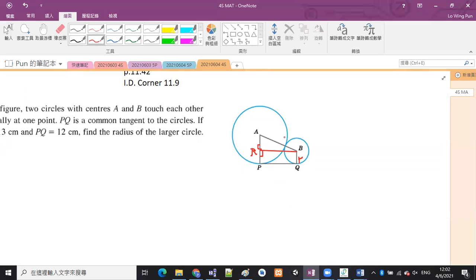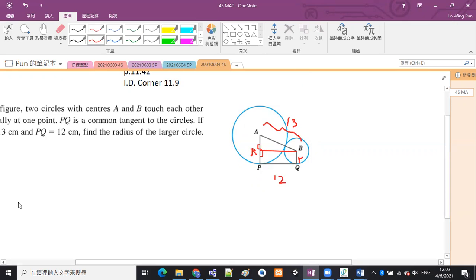Capital R is the radius, and it's the length of AP. And this point is point C. Now it's given that the length of AB is equal to 13 cm, and the length of PQ is equal to 12 cm.